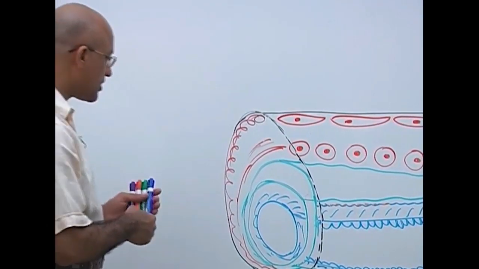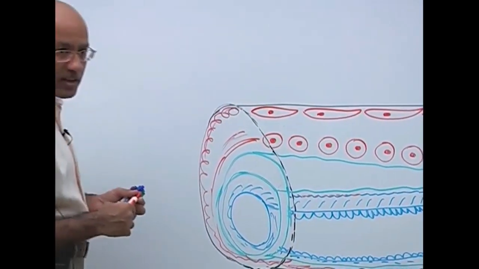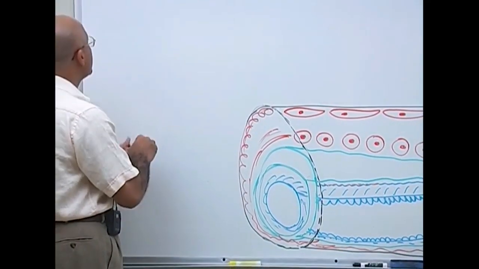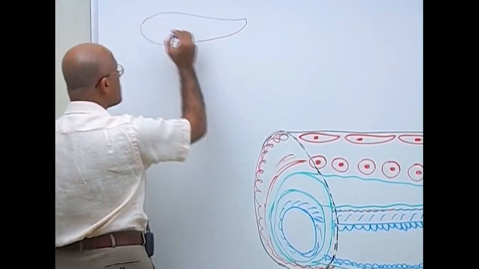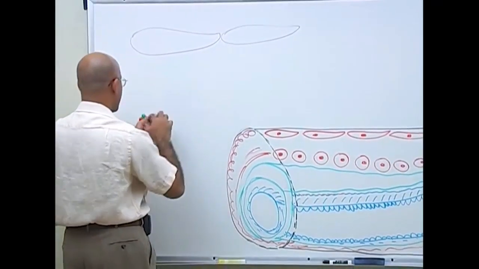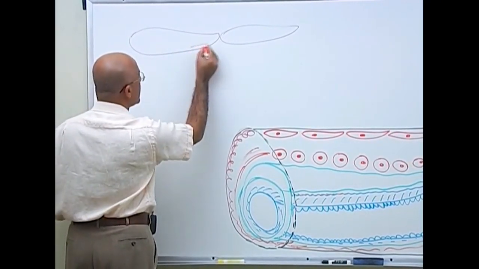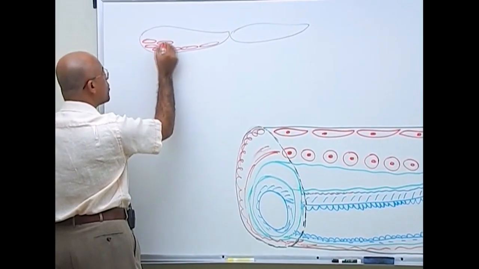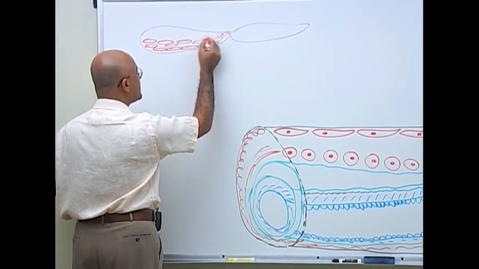Actually, smooth muscles of gastrointestinal system make large bundles, right? Usually one bundle has about 1,000 smooth muscle cells. Let's suppose that this is one bundle and it has around 1,000 smooth muscle cells, right?